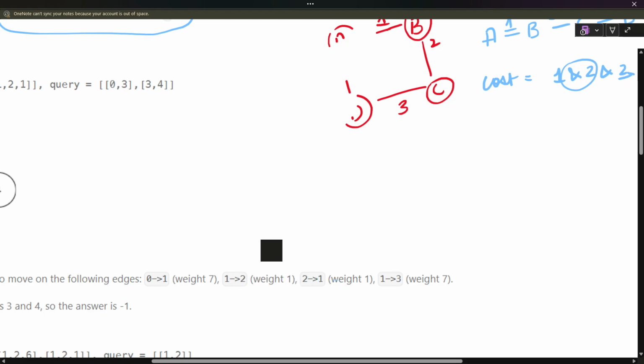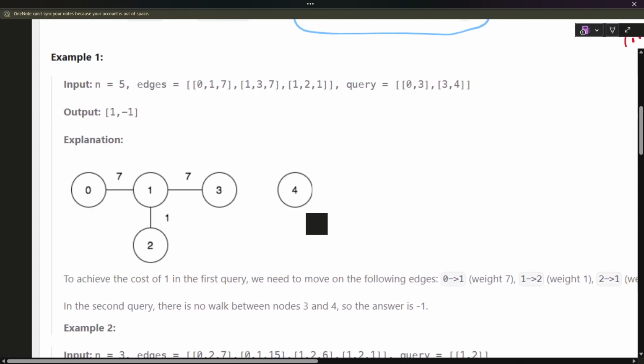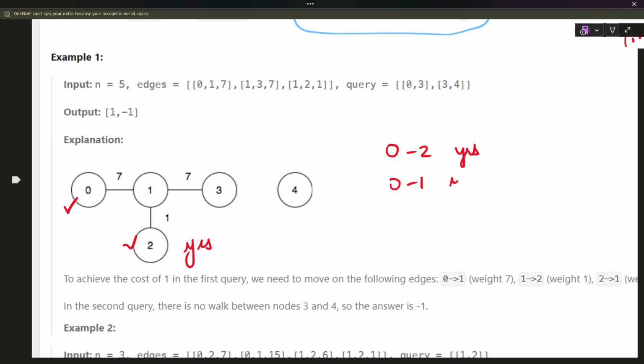Tell me one thing. Suppose we need to go from 0 to 2. Can we go? The answer is yes. 0 to 2. Can we? Yes. Okay. Can we go 0 to 1? Yes. And vice versa also. Can we go 0 to 3?